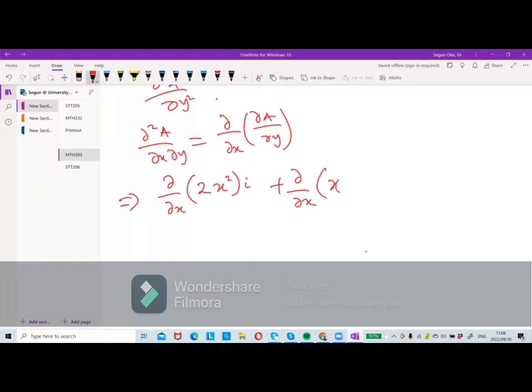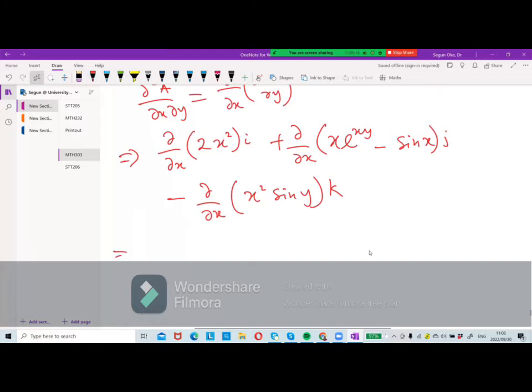That's x exponential xy, minus sine x j, plus d/dx of x squared sine y. Is it minus? Minus x squared sine y. Okay, so it is simple.